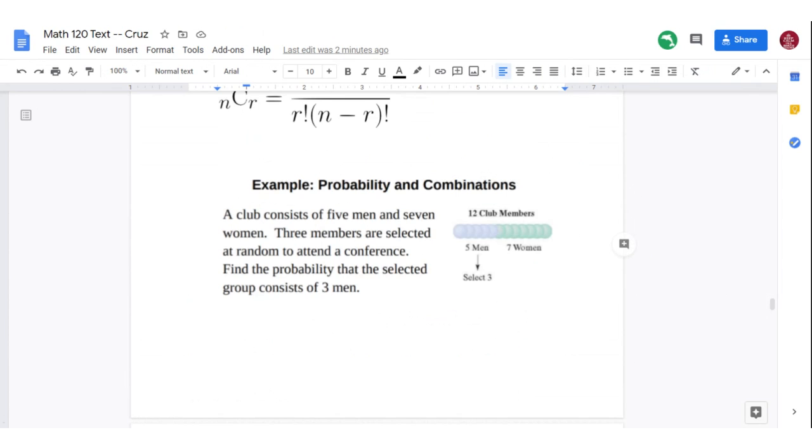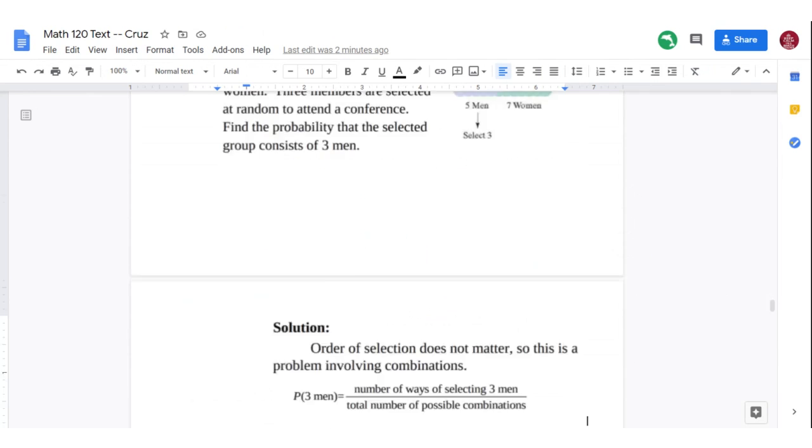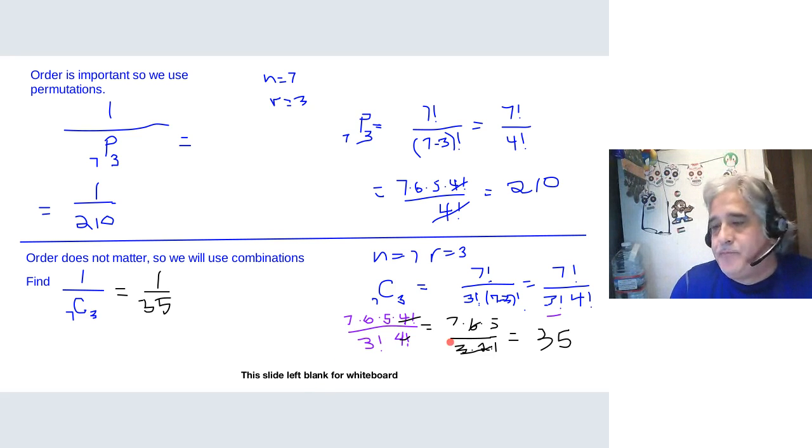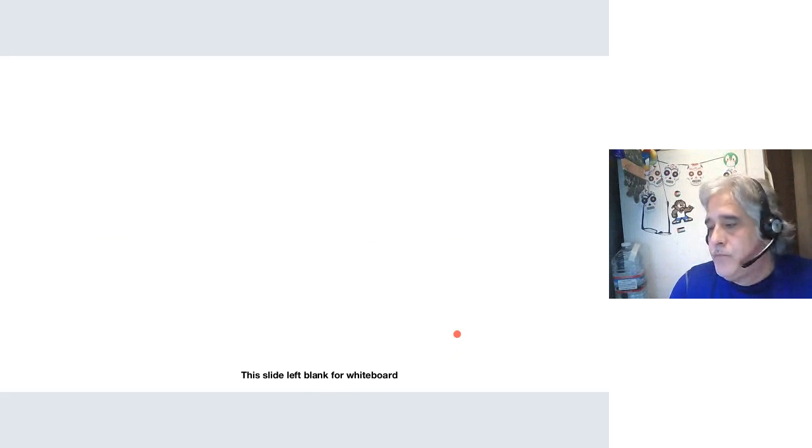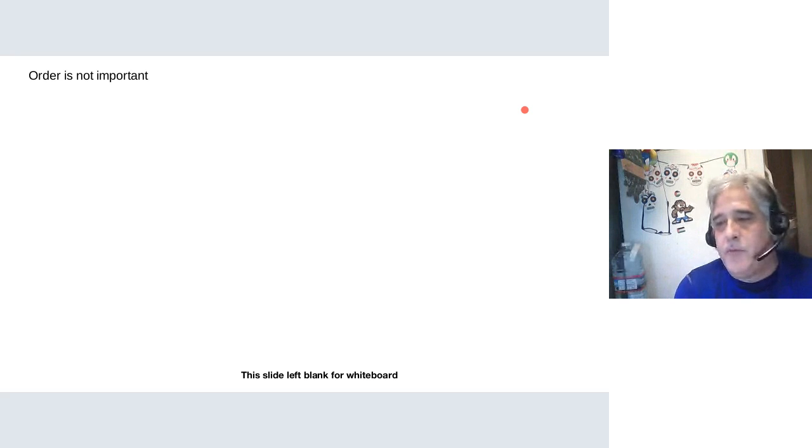So that means there are combinations of 3 out of the 12 ways that this could be done. Order is not important, so we are going to use combinations.